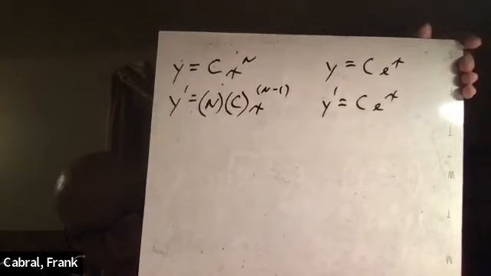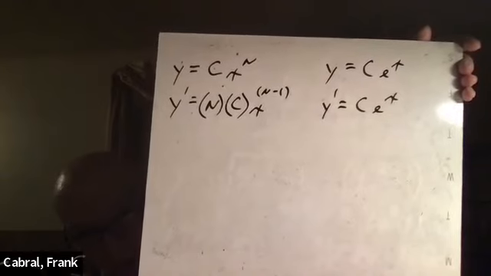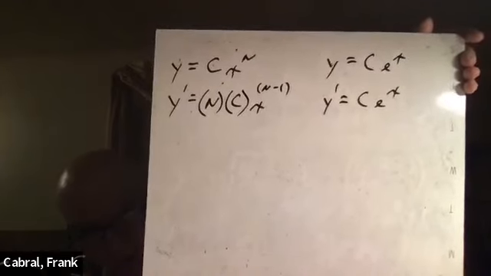And for the exponential, y prime is equal to c e to the x. The exponential rule here, that is the base e exponential, e to the x is very convenient because it's its own derivative.